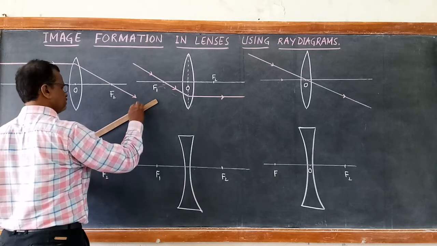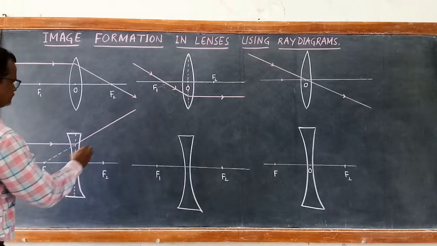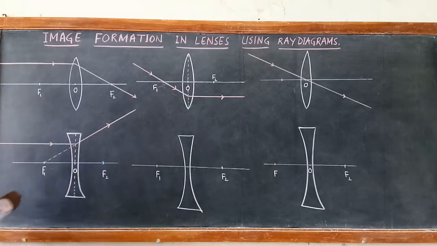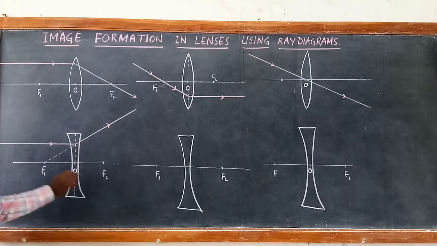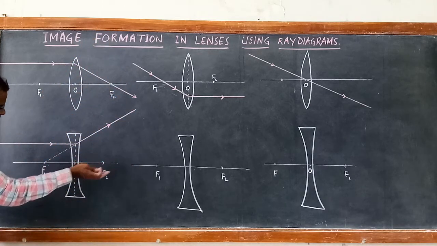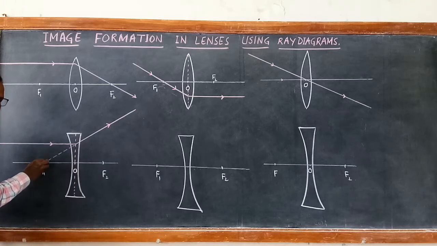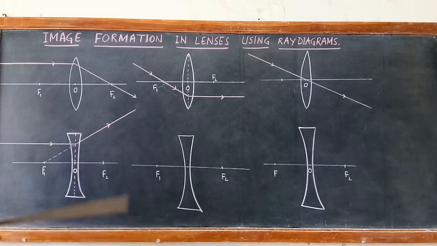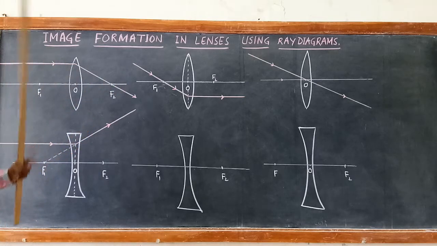So this is how the ray gets diverged. All the parallel rays of light incident on a concave lens undergo divergence. The diverged beam appears to have emerged from that point, and that point is called the focus. This is how we defined the focus of a concave lens last time.